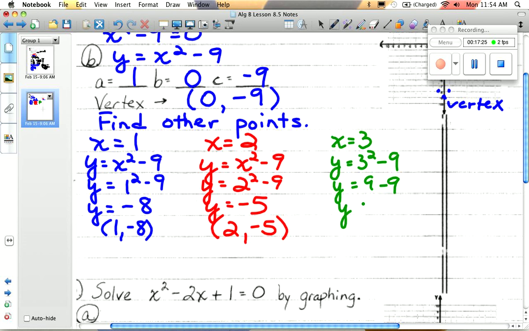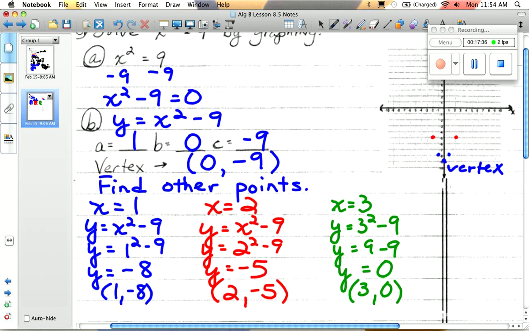Y equals 0. Ordered pair 3, 0. Go to our graph. Reflect. And we stop.